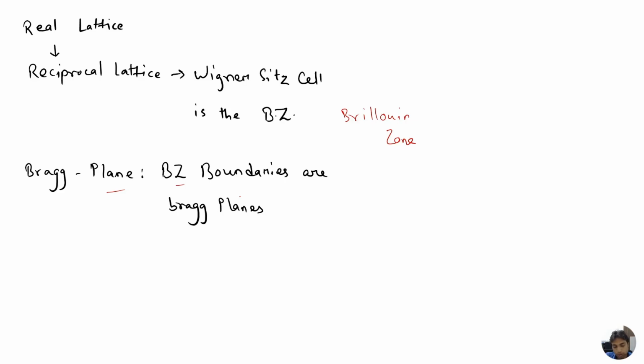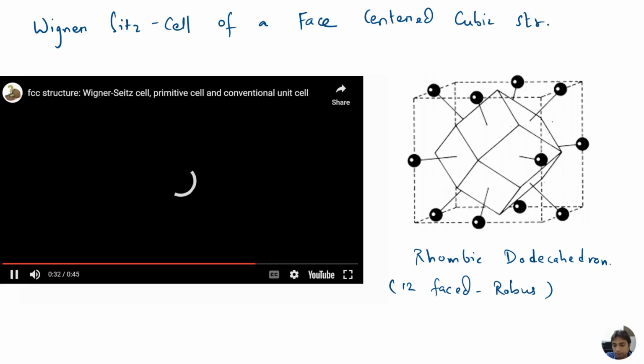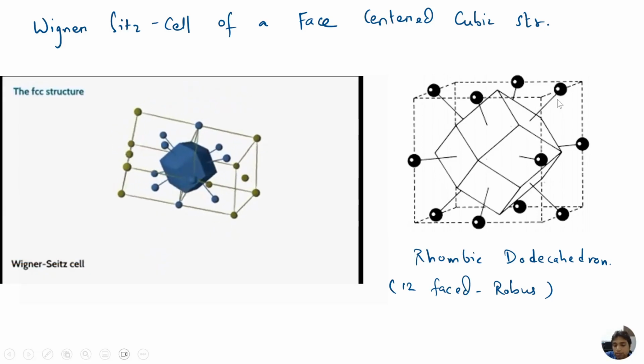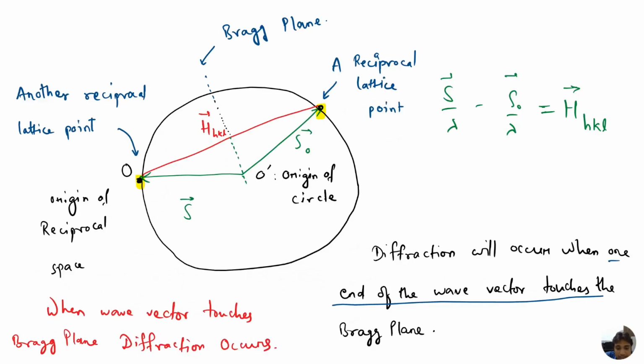So these Bragg planes constitute the boundaries of the Brillouin zone. For example, the planes of this particular structure are the Bragg planes. So that's the definition.